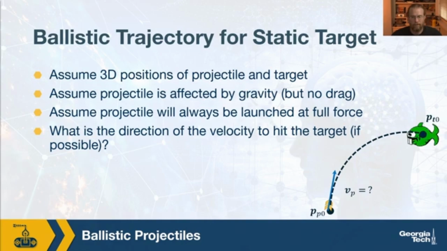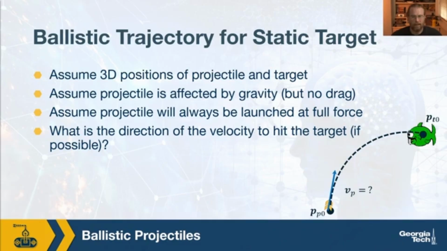So the typical sort of movement where you consider velocity and acceleration for the projectile. So we'll have the initial velocity and the acceleration due to gravity. We're going to assume also that the projectile is always going to be launched at full force.